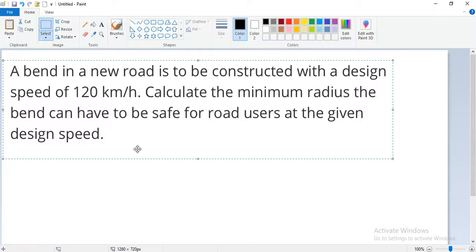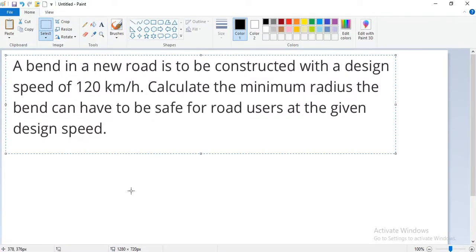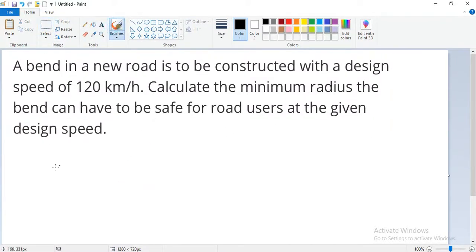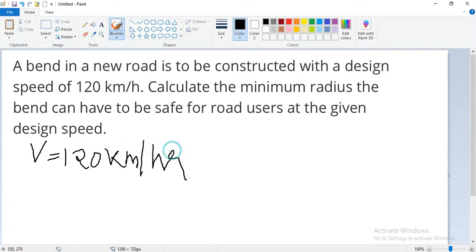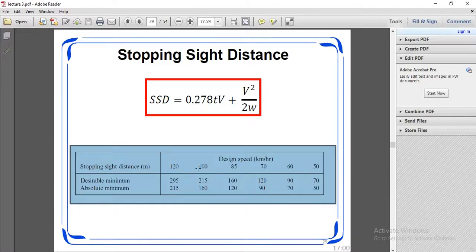The design speed means we have V equals 120 kilometer per hour. So we just require to use this formula.